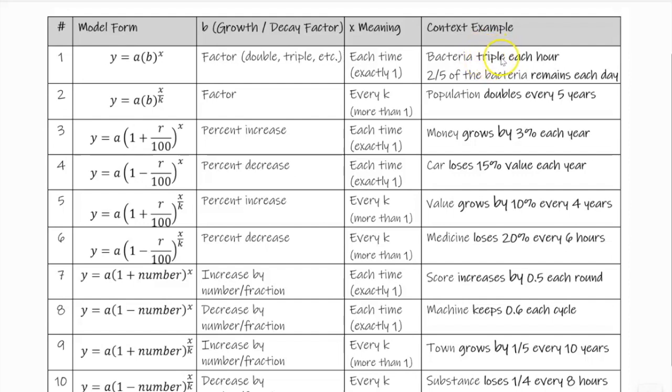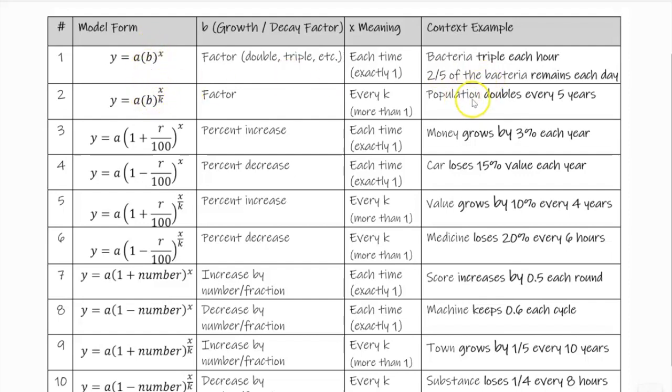The factor is 3. If a question says 2/5 of the bacteria remains, 2/5 is my factor. It's the number that I keep multiplying by every single time. And this remains is exactly what goes in there. So your B is either what you're multiplying by, like double or triple, or what remains in the problem.